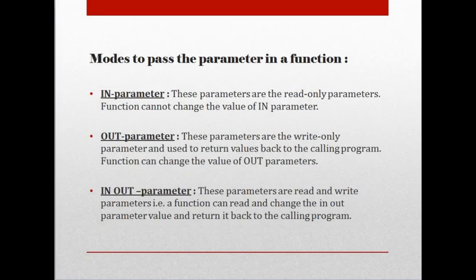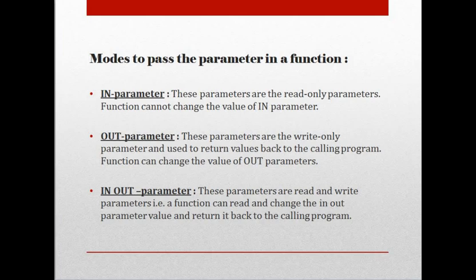Then next we see modes to pass parameters in a function. A function can have multiple parameters. Each parameter has one of three modes. First is IN parameter, second is OUT parameter and third is IN OUT parameter. So let us see the first mode, IN parameter. These are read-only parameters and the function cannot change the value of an IN parameter. Second is OUT parameter.